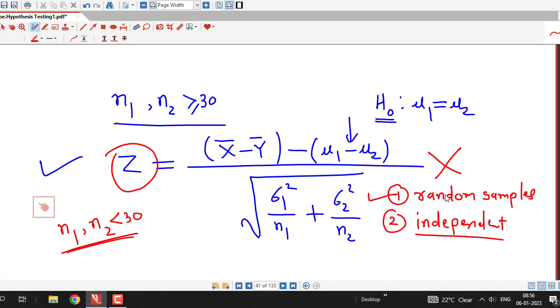So the first sample is a random sample, the second sample is also a random sample, they are independent of each other, and also we consider large samples. Under these conditions we can apply the two sample z test.